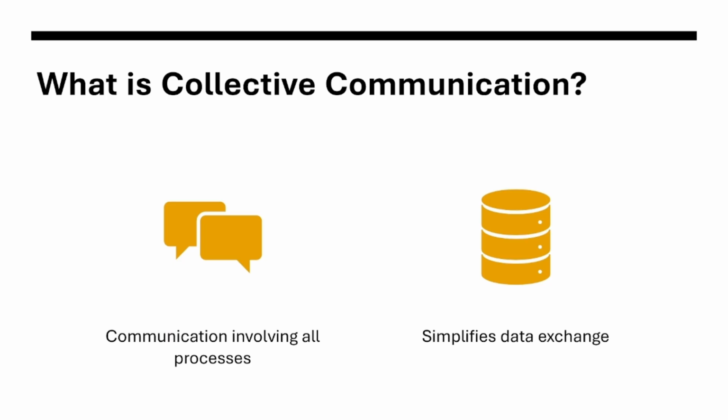The common collective operations are broadcast, scatter, gather, and reduce. Broadcast is where one process sends data to all processes, whereas scatter distributes parts of the data to all processes. Gather collects the data from all processes to one, and reduce combines the data, like sum, minimum, maximum, etc., from all the processes.